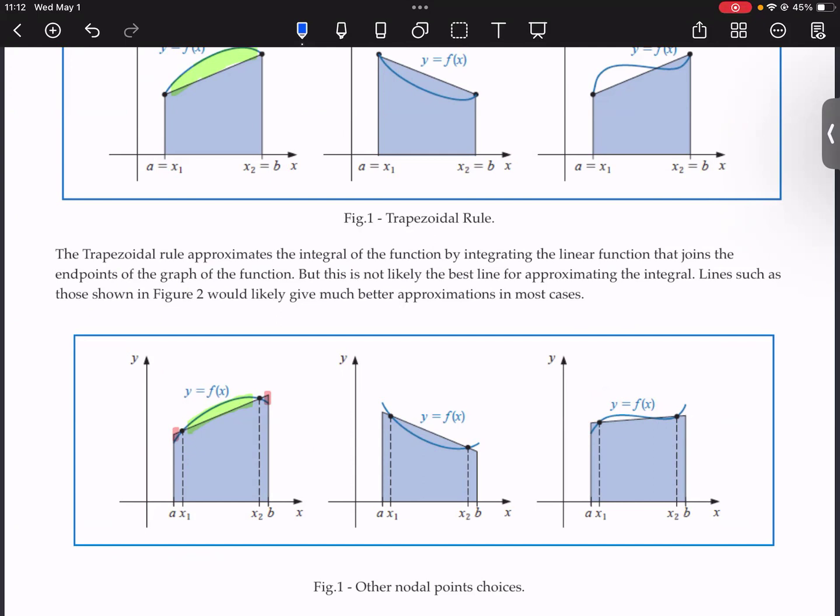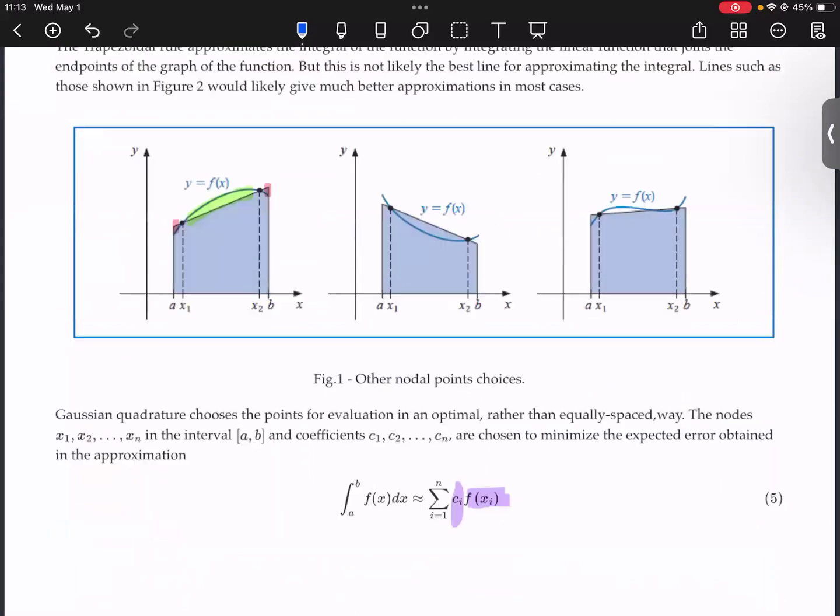Now the question for the Gaussian quadrature rule is to smartly choose the nodal points such that we have the least error. So how do we choose x1 and x2? They can be anywhere, right? But we want to choose them such that the error is the minimum.